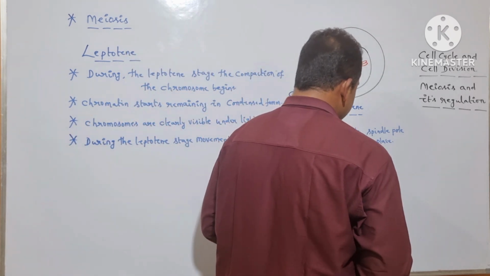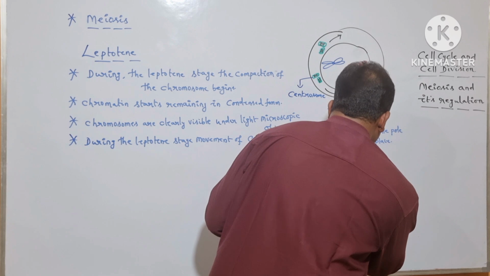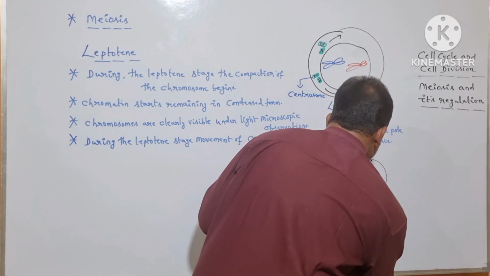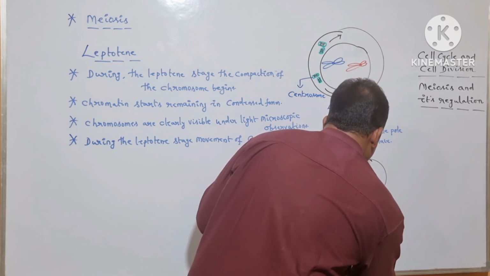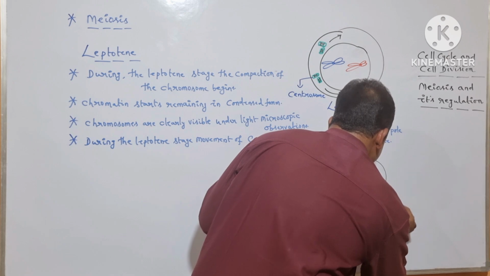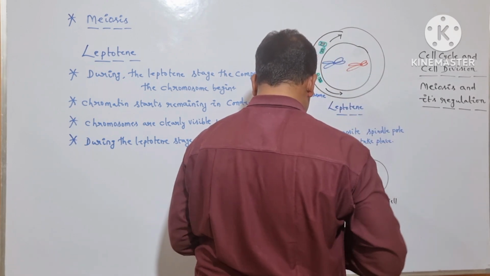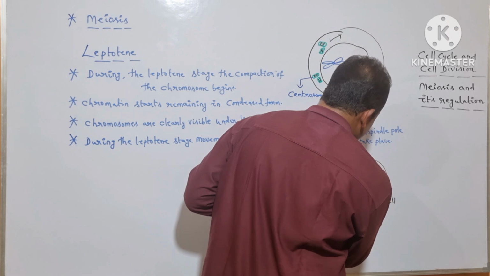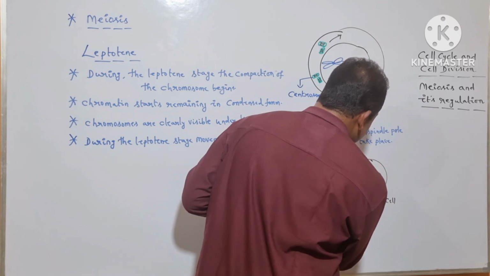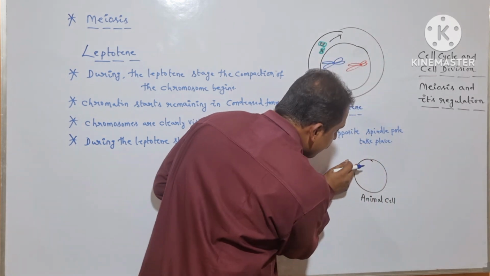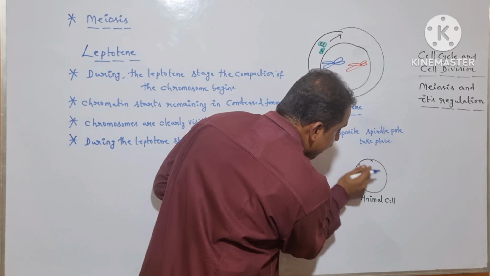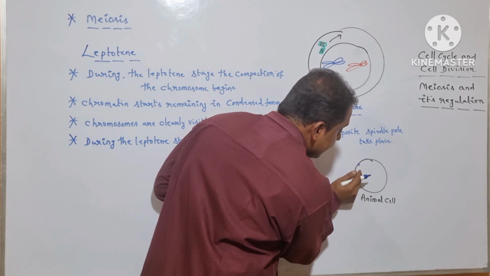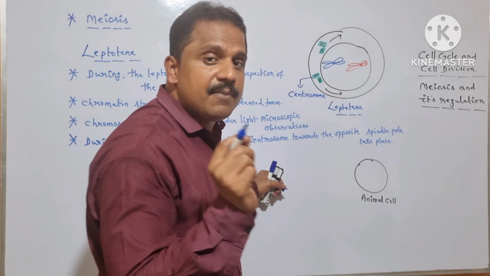Especially in case of animal cells, all the chromosomes. So here all these are nothing but what? The chromosomes, right? So here in accordance with the direction of the centriole, all the chromosomes aggregate together, and here it resembles the shape of a bouquet.